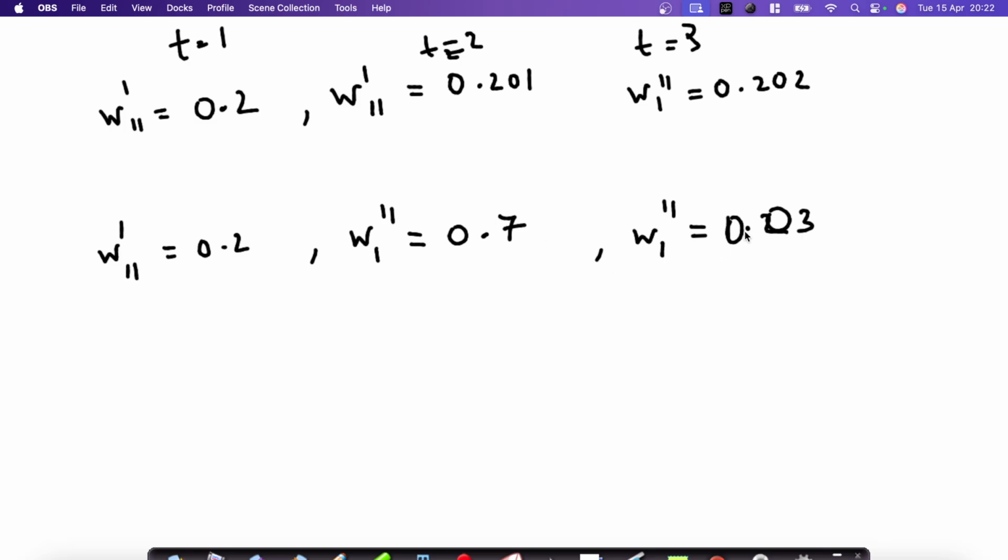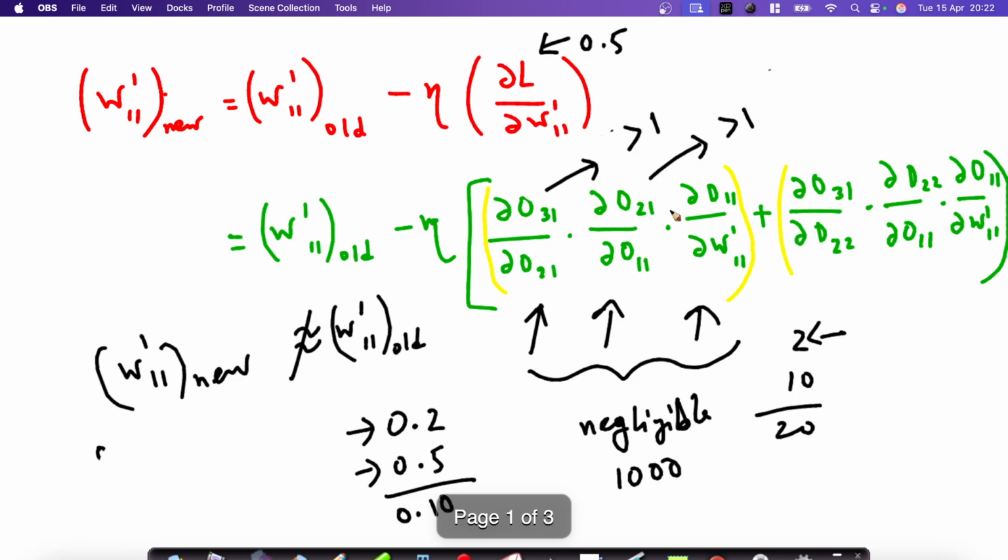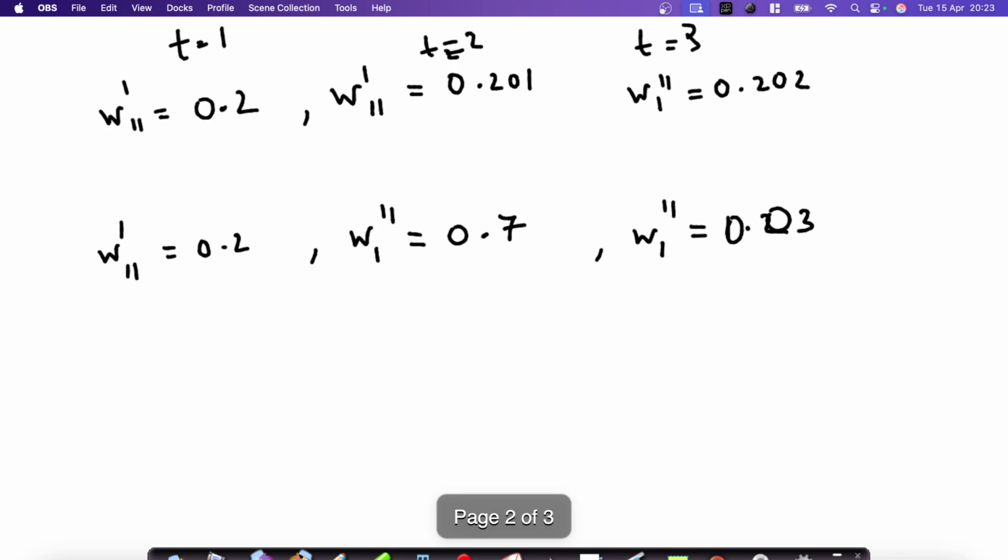What is the reason? The reason is simple. We get the derivatives as very large values. This derivative value is very large, and that is why this subtraction will vary very much. That is why the convergence will be very slow, or it will never converge in reality.